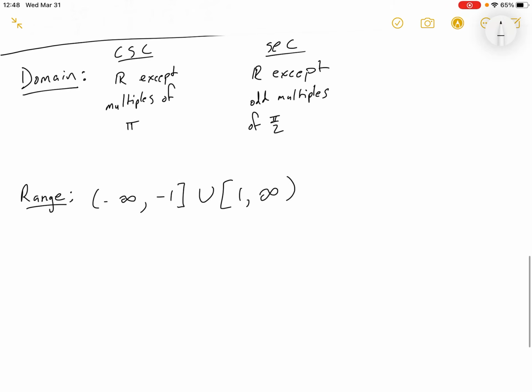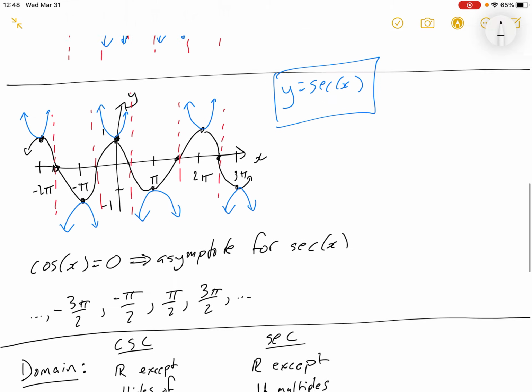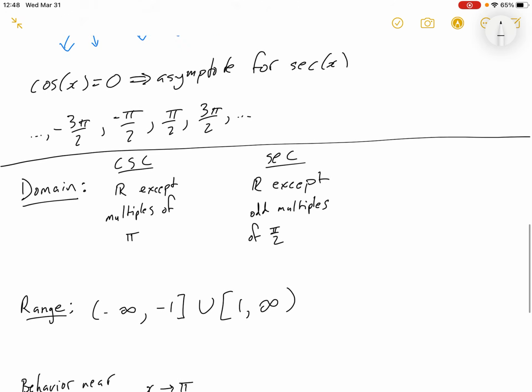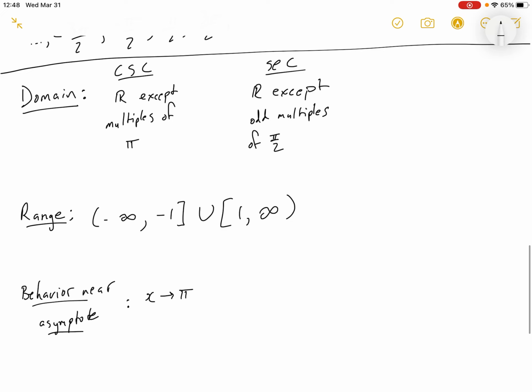Okay, finally, I want to talk about the behavior of the graph near an asymptote. And this is just kind of to remind you of something, and it will come up in the closure today. So the behavior near an asymptote. If I'm looking at cosecant, let's say x goes to pi, and let's go from the left first.